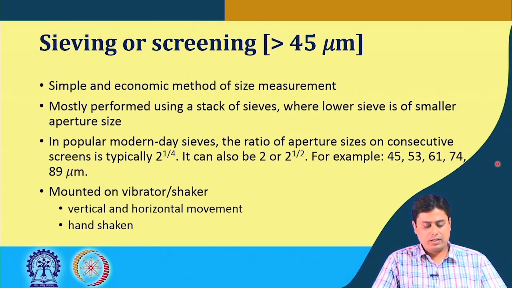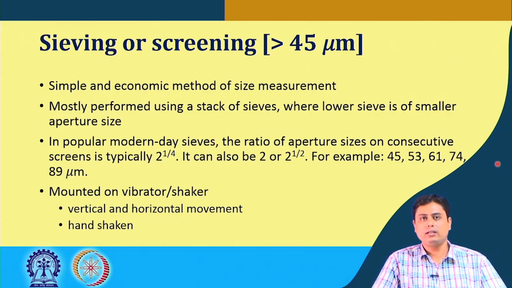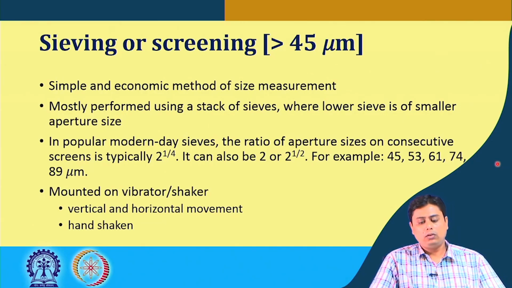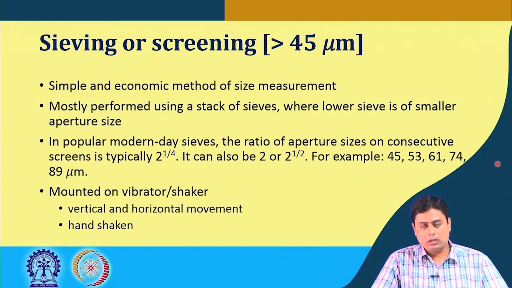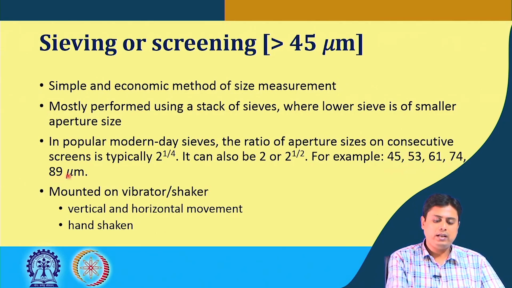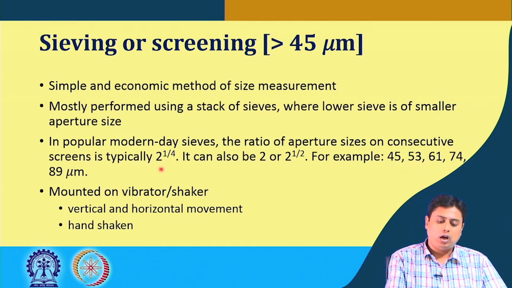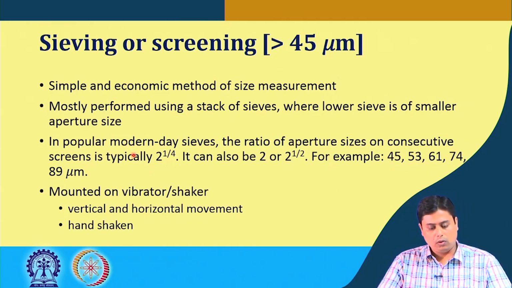In modern day applications and popular sieves, the ratio of aperture sizes on consecutive screens is typically the fourth root of 2, but it can also be 2 or the square root of 2. The popular sizes are 45, 53, 61, 74, 89. The ratio 53 by 45 is numerically close to the fourth root of 2.